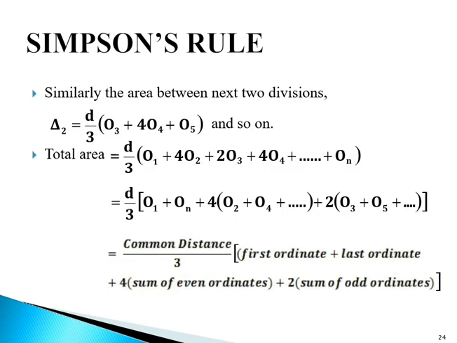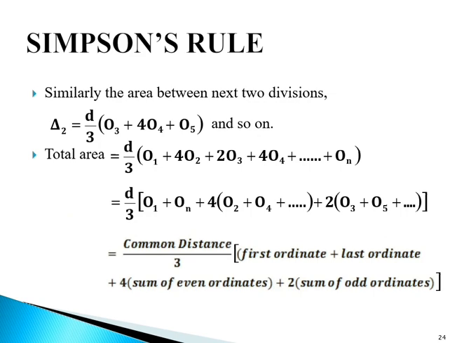Similarly, the area between next two divisions will be delta 2, which is equal to D by 3 into bracket O3 plus 4O4 plus O5 and so on. So it will continue. Okay. So total area is given by D by 3 into O1 plus 4O2 plus 2O3 plus 4O4 plus up to plus ON.